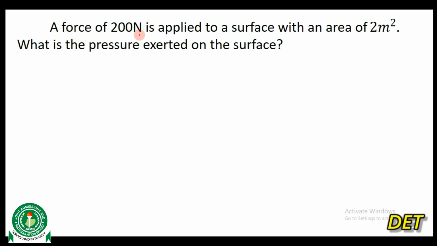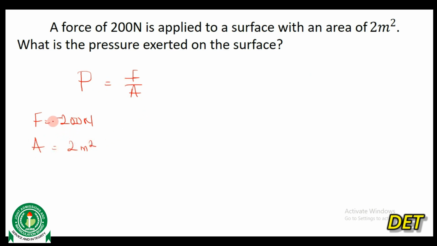A force of 200 Newton is applied to a surface with an area of 2 meters square. What is the pressure exerted on the surface? So pressure is equal to force over area, right? We were given that the force is equal to 200 Newton, and the area is 2 meters square.